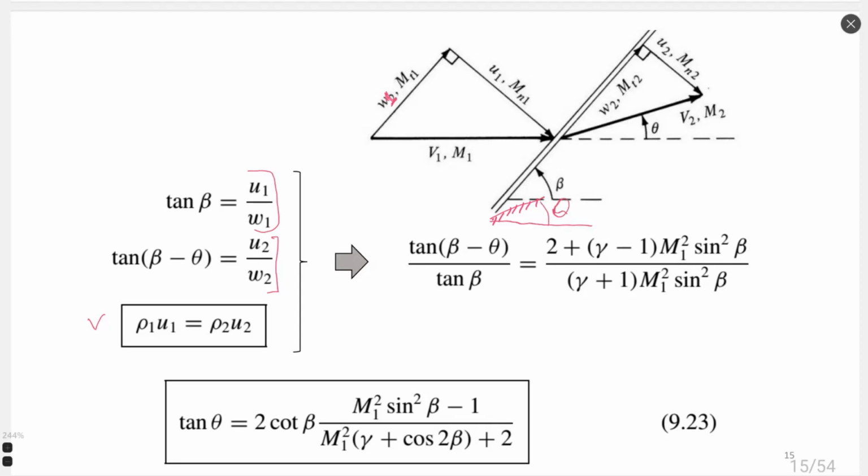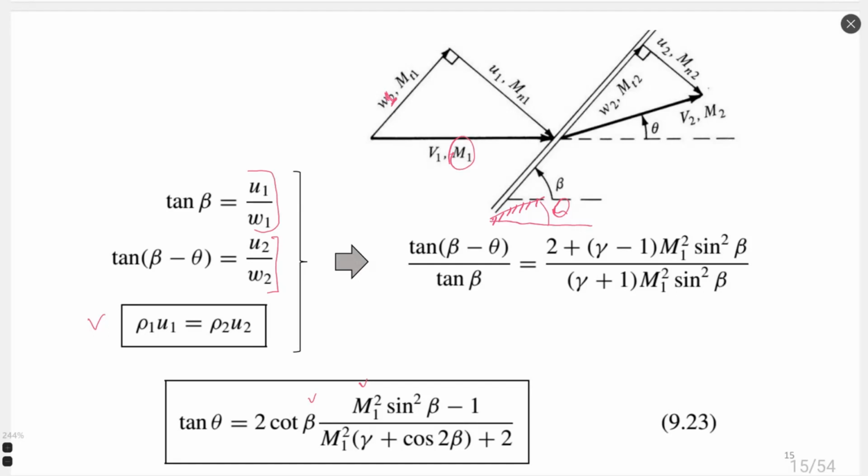I mean, the body does not change in our calculation. So theta is the angle of the body, beta is the angle of the shock wave, and M1 is the Mach number before the shock wave, as input data.